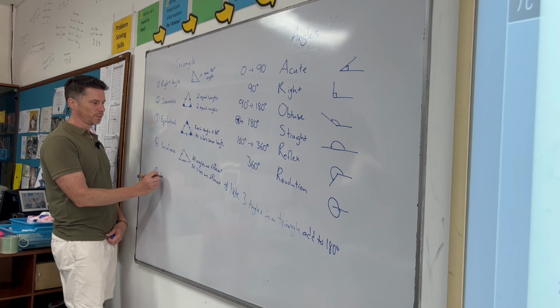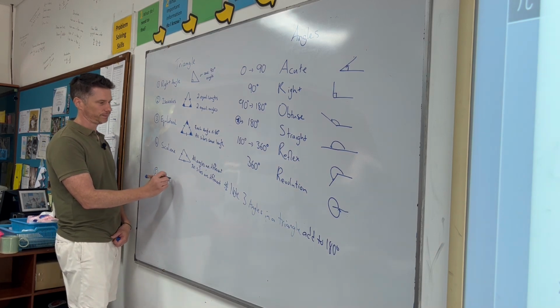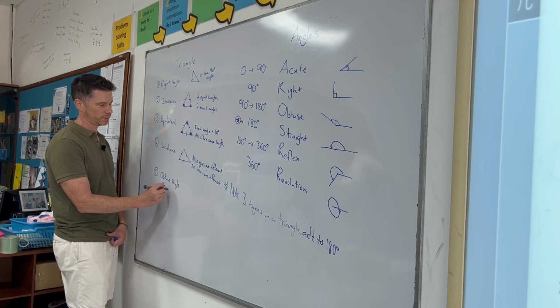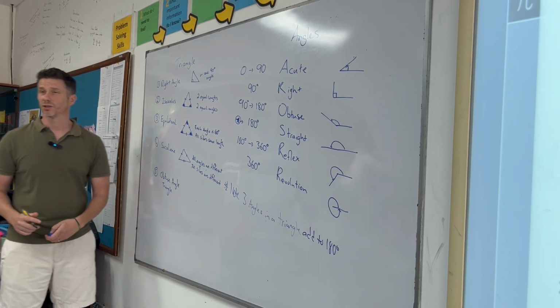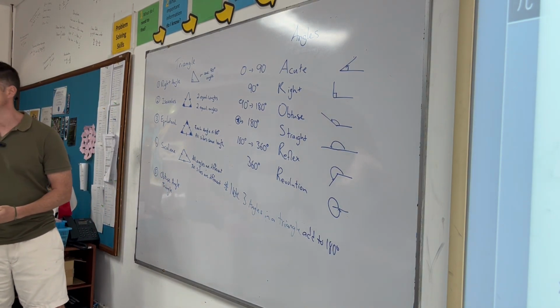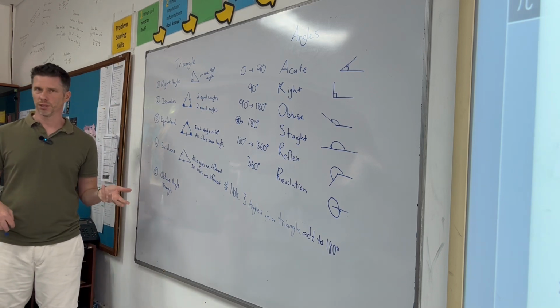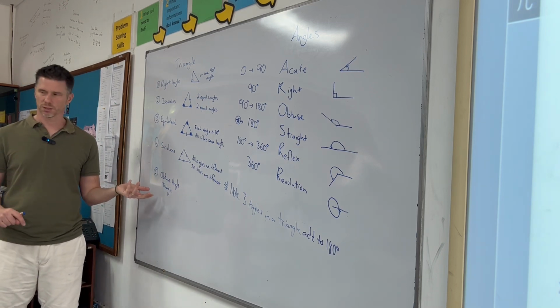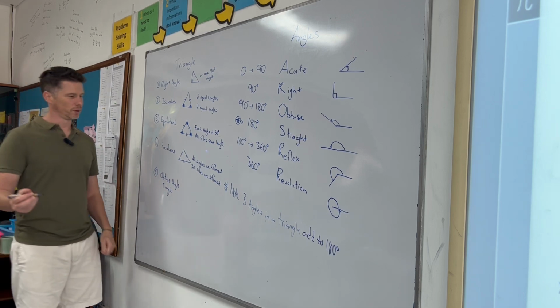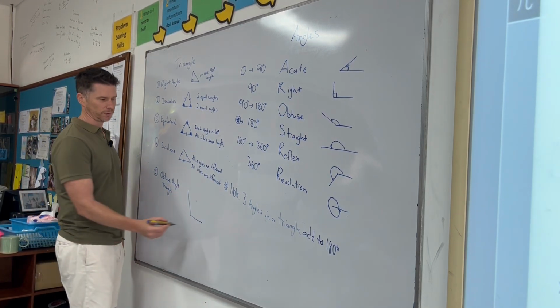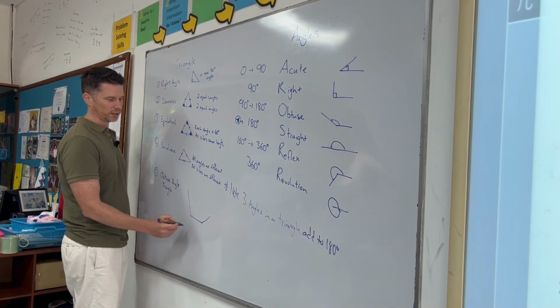Okay, there's an obtuse angle triangle. How many obtuse angles does an obtuse angle triangle have? 1, 2, 3? Are they all obtuse? Well, no. Just think about that for a second. That's one obtuse angle. If another obtuse angle was drawn, that's a problem.